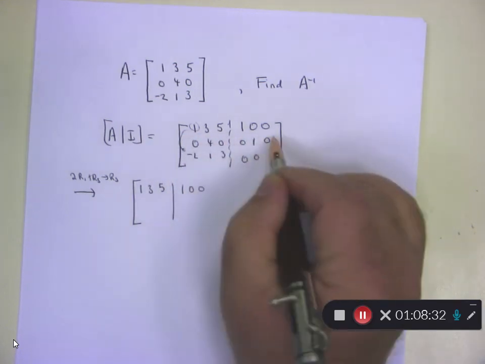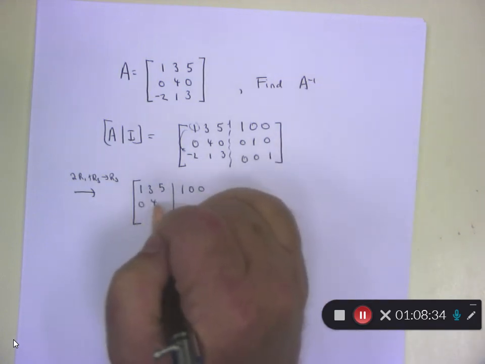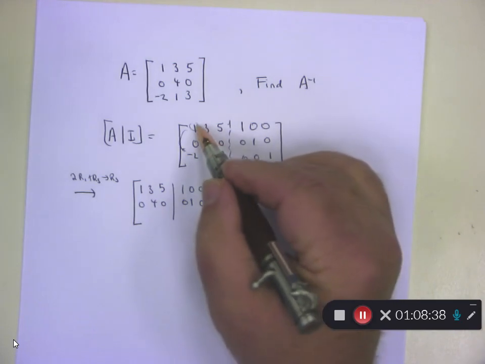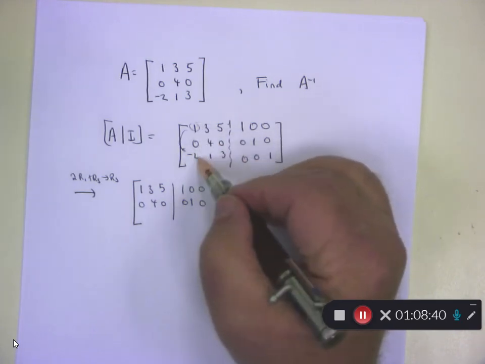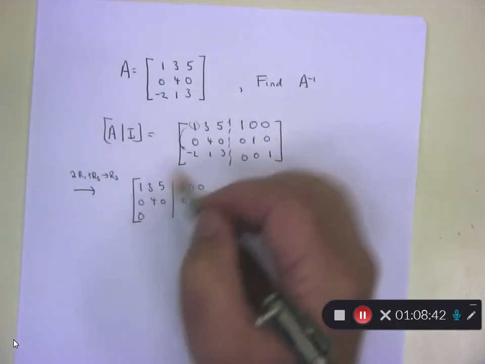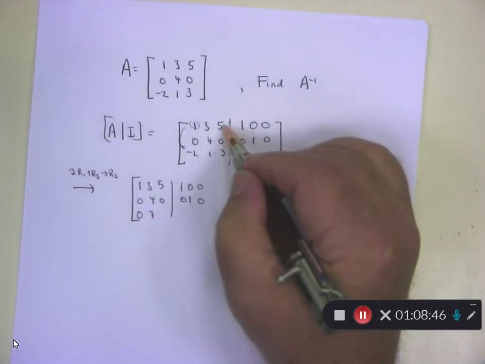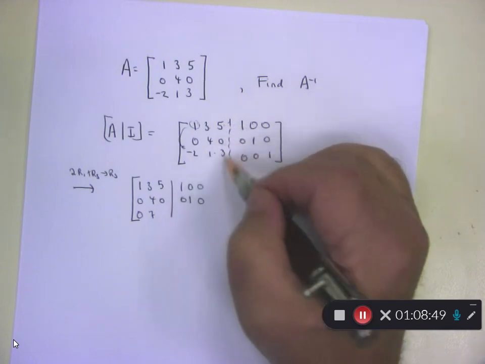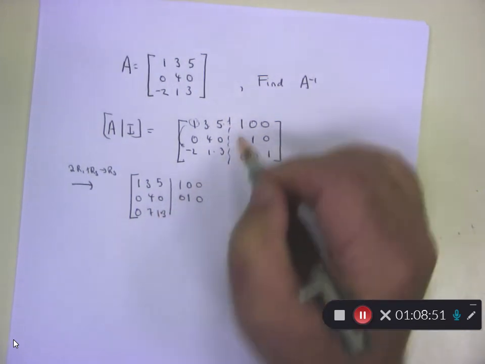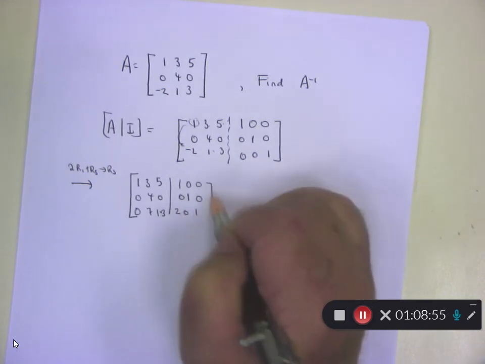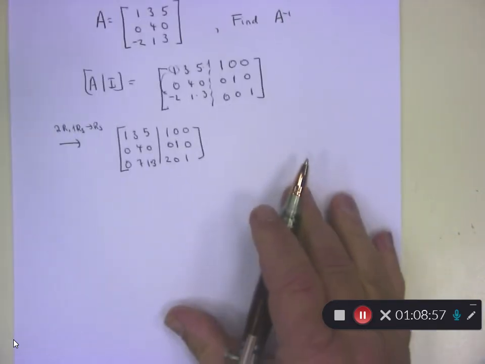I've got to do it to the entire row. 0, 4, 0, 0, 1, 0. Remember, it's 2 times row 1 added to row 3. That would be 0. 2 times 3 is 6, plus 1 is 7. 2 times 5 is 10, plus 3 is 13. 2 times 1 is 2, plus 0 is 2, 0, 1. That's what I end up getting there.